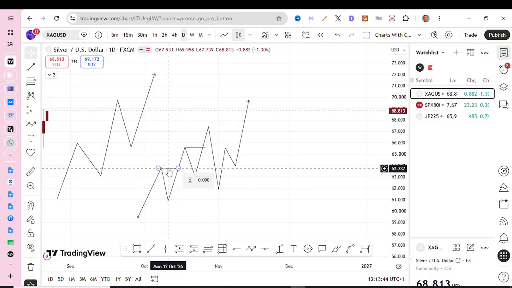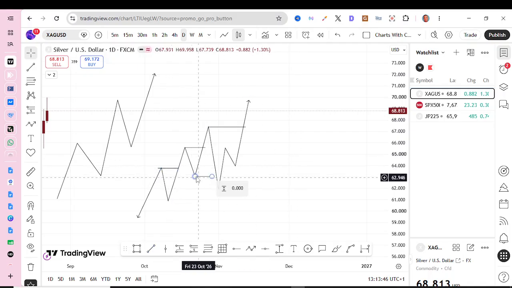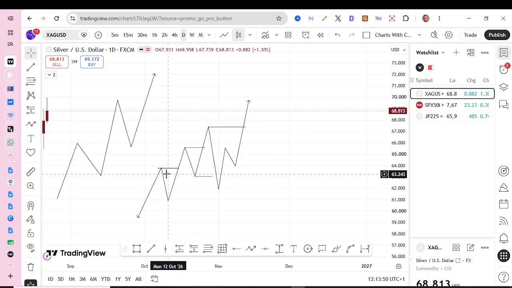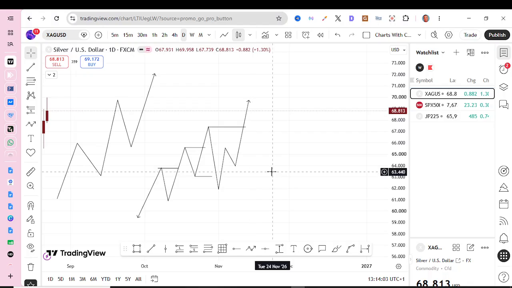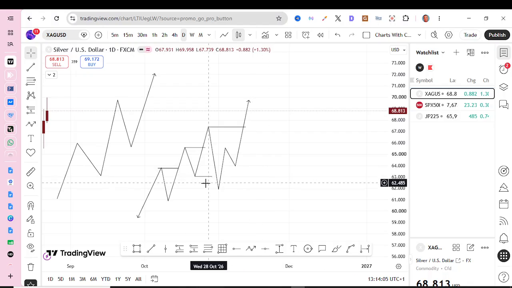You see, after this break, market gave a pullback and broke another structure without taking any liquidity. So this pullback becomes internal range liquidity price will take. Now, some persons will see this as a change in character, but in real sense, it is not a change in character.